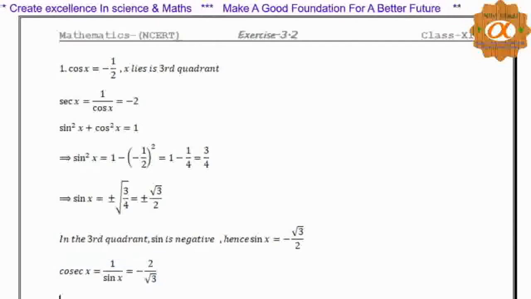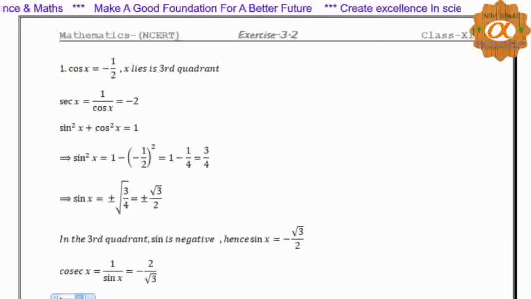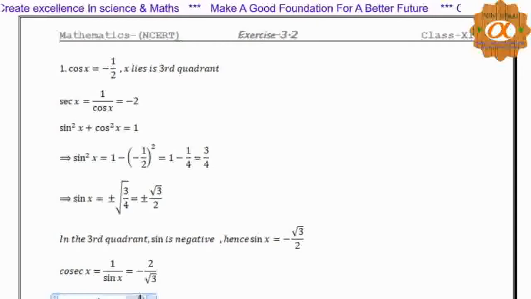Okay, now we have to calculate tan x. Tan x, we know, is sin x by cos x. That means its value is sin x minus root 3 by 2 and cos x is minus 1 by 2.